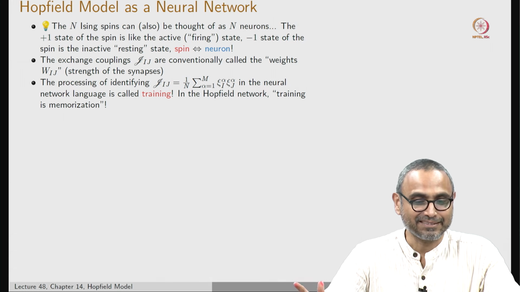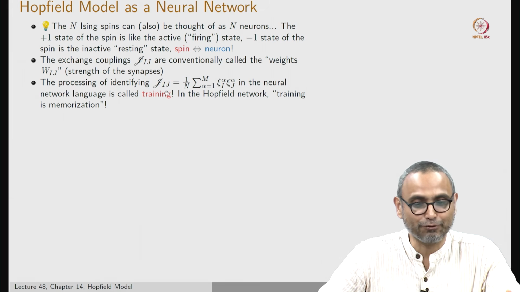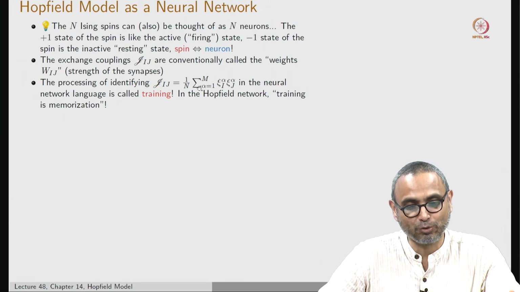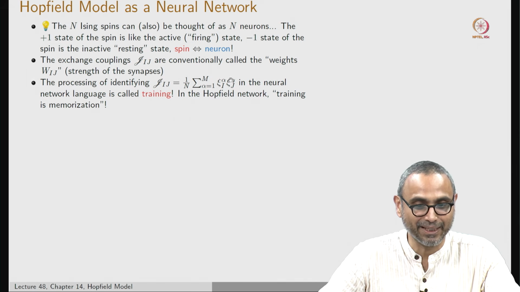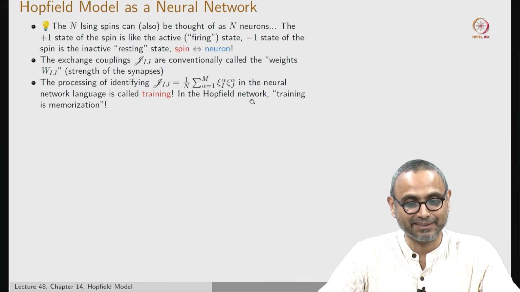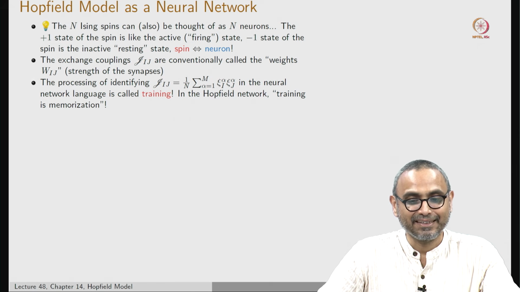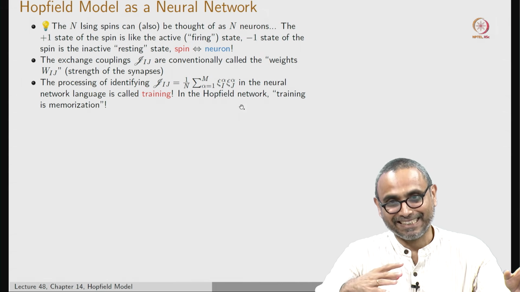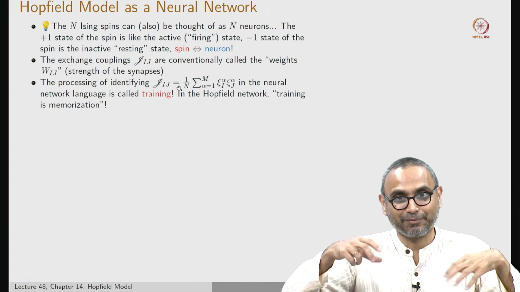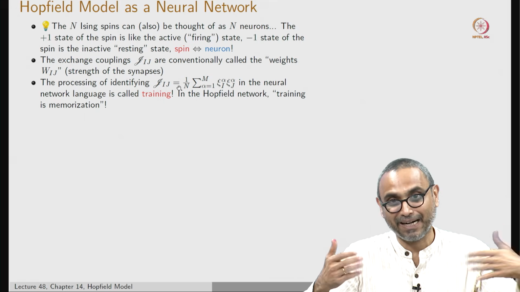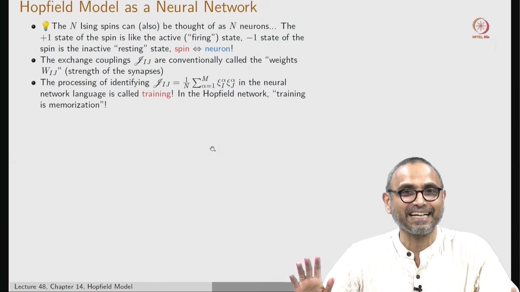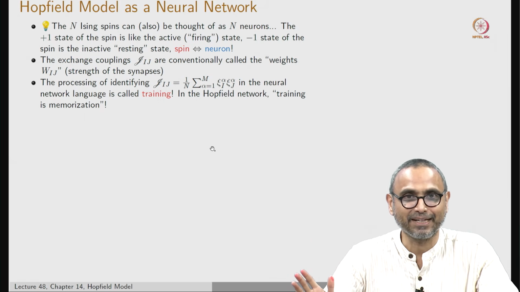In our case, this process of identifying Jij with this quantity, which is setting the weights Wij, is the training process. So what we call memorization: Jij, we were creating synapses by looking at the patterns themselves. This is the training in this Hopfield network.